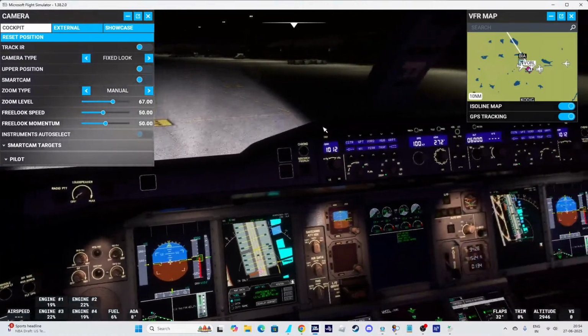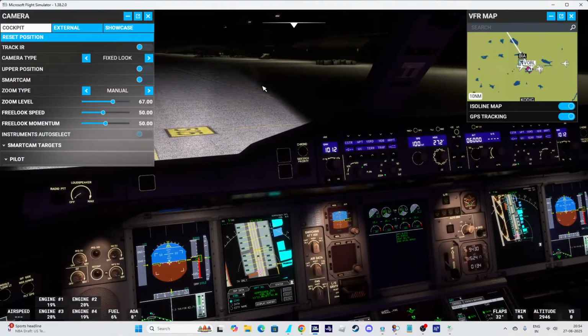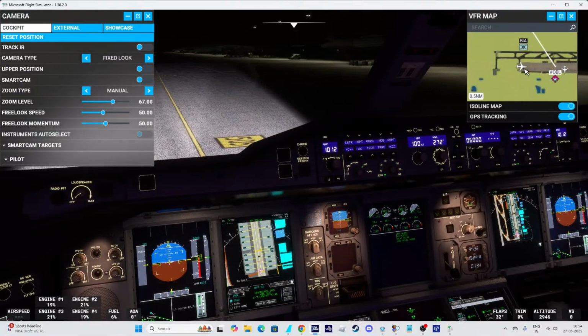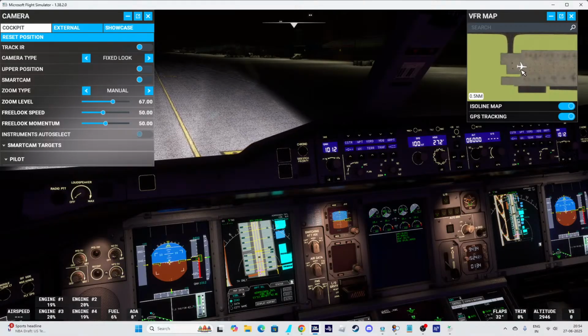Ground, this is Vistara 747. We have successfully parked. Thank you for the wonderful ATC service, guys. Vistara 747, bye bye. Bye bye.